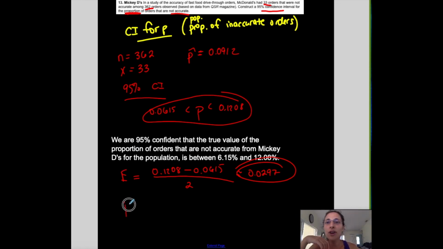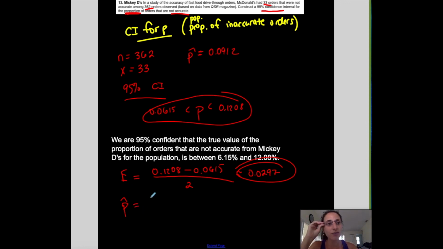If you're ever asked for a point estimate, in this case p hat is the point estimate. It is given, or we could determine it because we're given the number of successes and the total sample size.